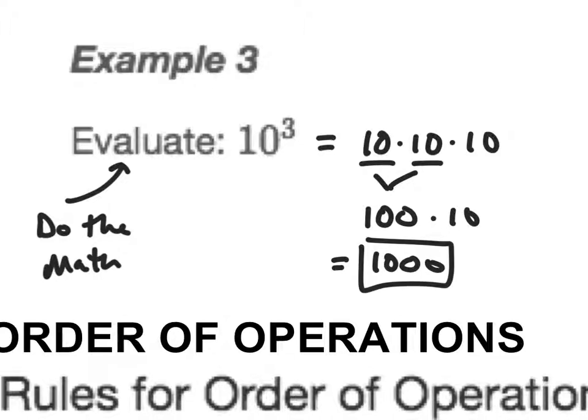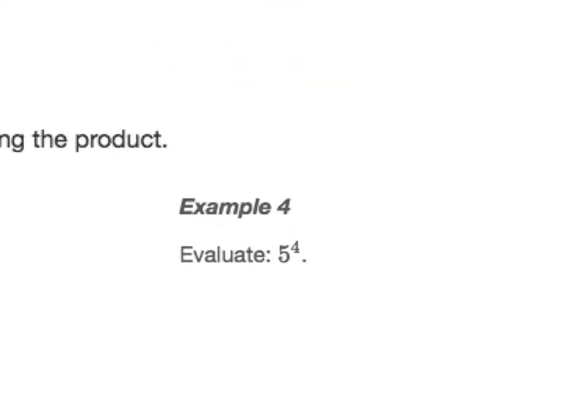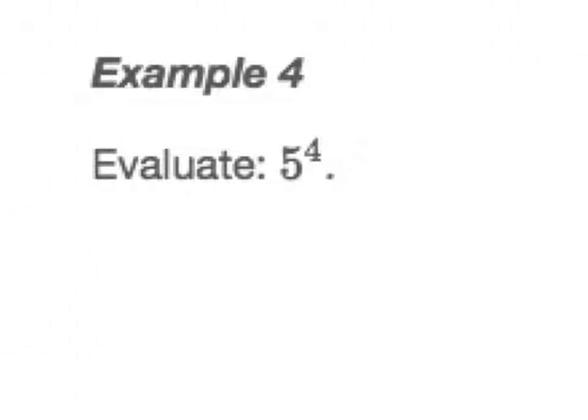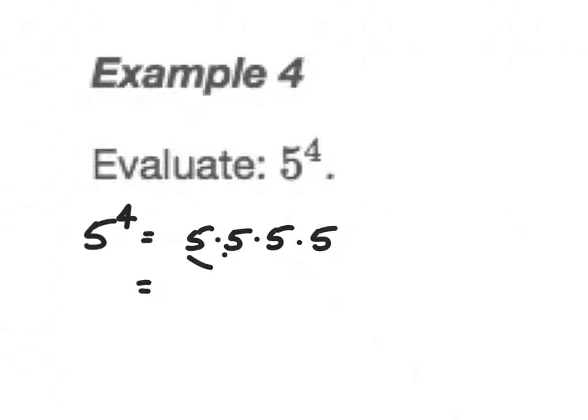All right, so now let's look at another one. Example 4: we want to evaluate 5 to the 4th power. If I rewrite 5 to the 4th power, I'm going to multiply 5 by itself 4 times. So I'm going to do 5 times 5 times 5 times 5. 5 times 5 gives me 25.